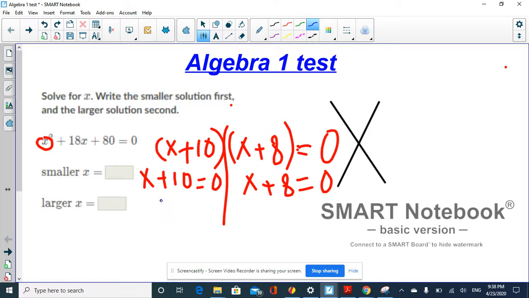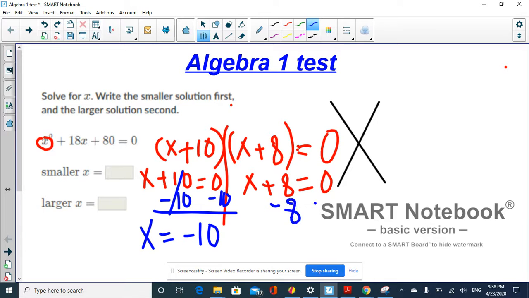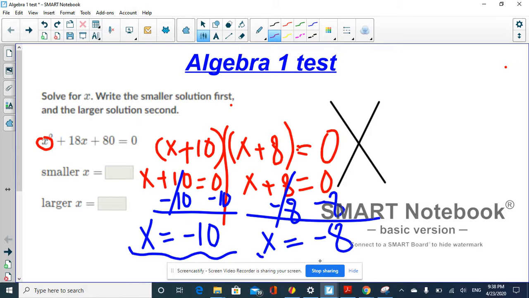Keep x alone on one side. That means you have to subtract 10. x equals negative 10. We subtract 8. x equals negative 8. You have two answers, or two solutions, or two values for x.